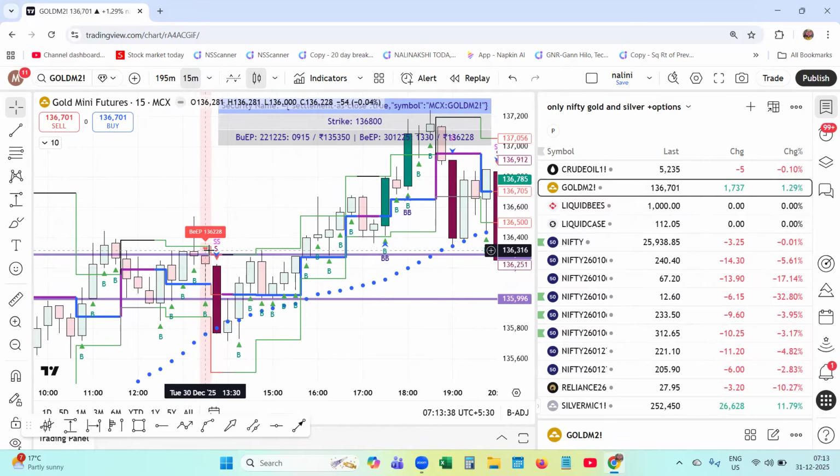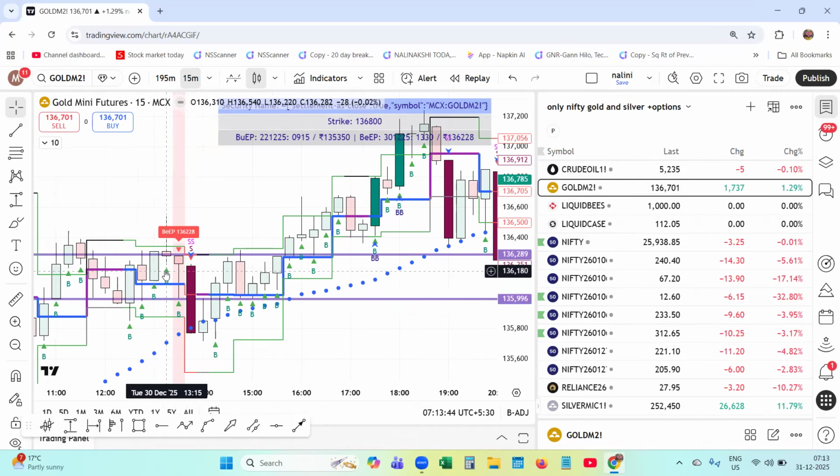That doesn't mean bearish EP means that market is going to go down. What you need to do is, it is the data which is giving, and when the price starts balancing out. See, if I mark the high and low and midpoint, usually I do this.